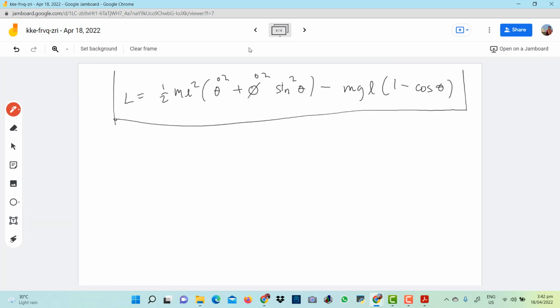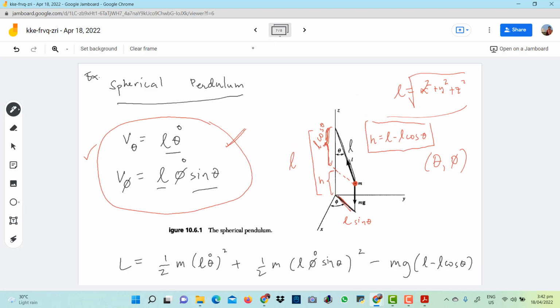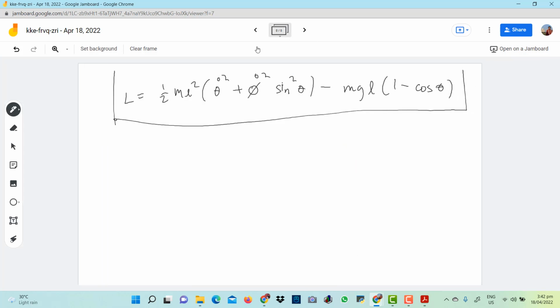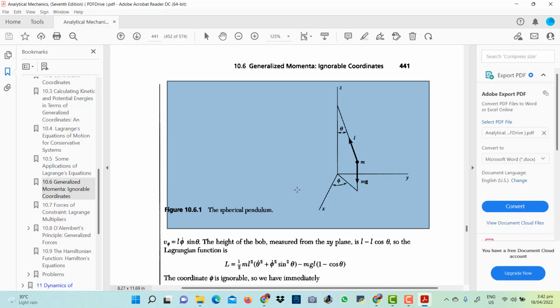In this case, your assignment will be this. Again, without knowing the v phi, which is equal to this, and the v theta, which is equal to that, I want you to derive this expression of L equal to that, simply using the concept in terms of Cartesian coordinates x, y, z.